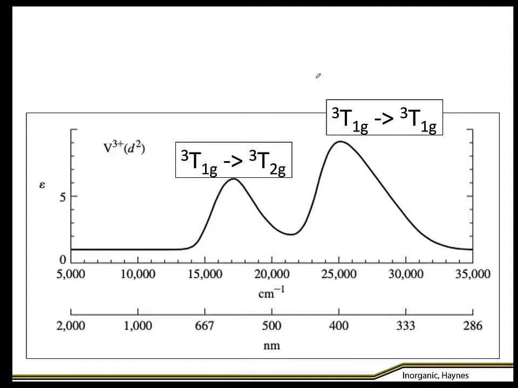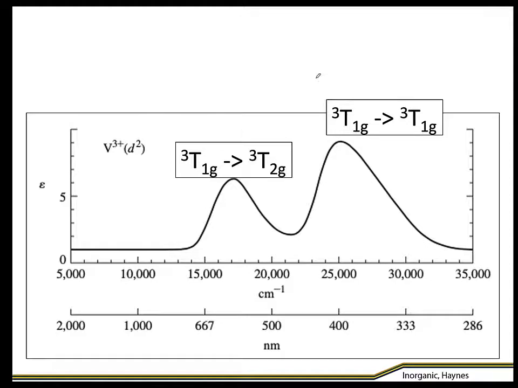The lower energy transition is that triplet T1G to the triplet T2G state. And the higher energy transition is the triplet T1G to the other triplet T1G state. So now, using the Tanabe-Sugano diagram, we can actually make some guesses about what it is we are seeing when we look at a UV-Vis spectra.